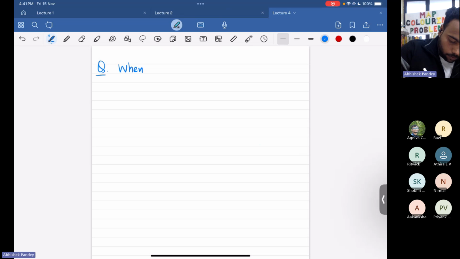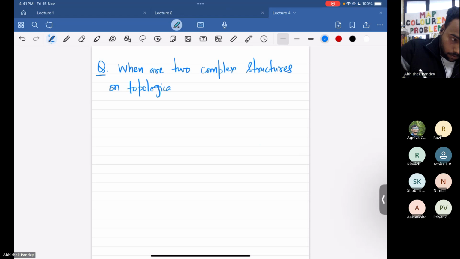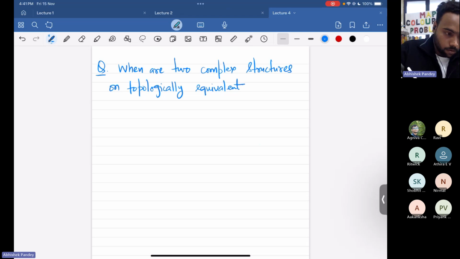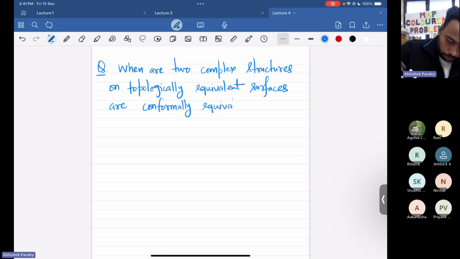So the question is, when are two complex structures on topologically equivalent surfaces conformally equivalent? Topological equivalence means a homeomorphism.